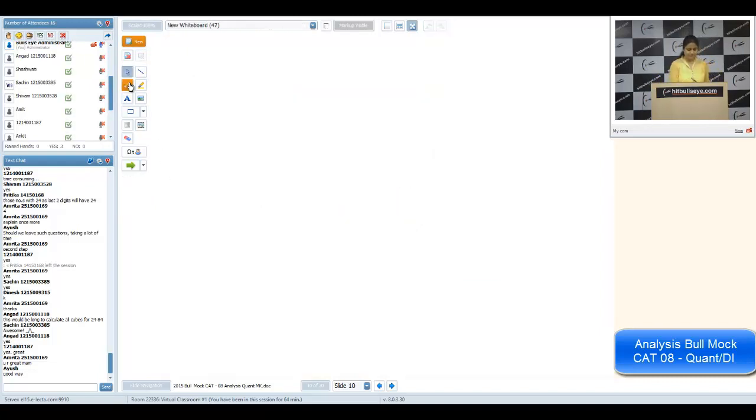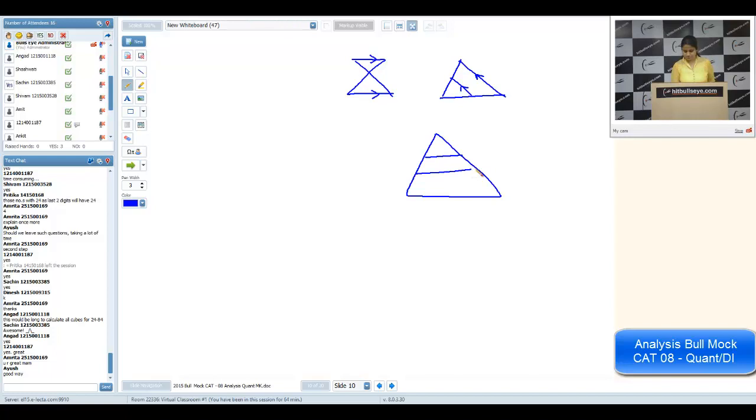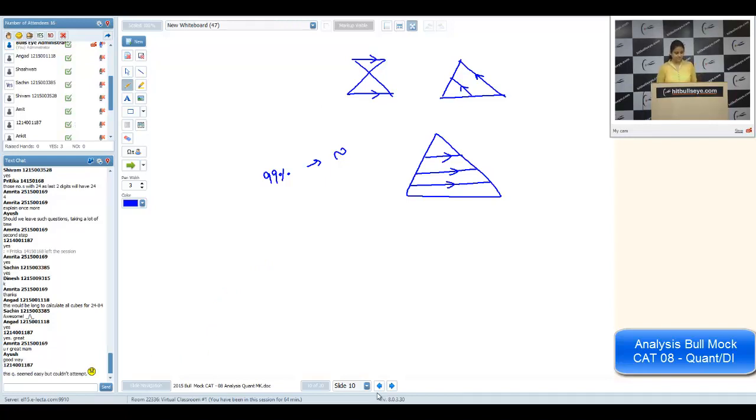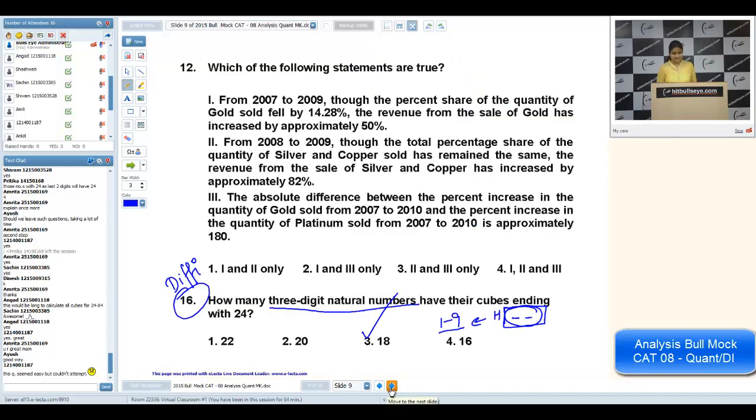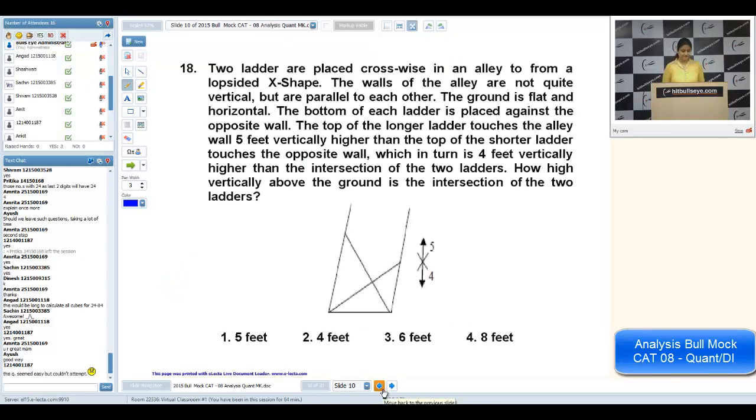Whenever you see parallel lines or these kinds of shapes, 99% probability that this is a similar triangle question. Yes, it was easy, very easy if you are comfortable in similar triangles. Yeah, should I solve this?